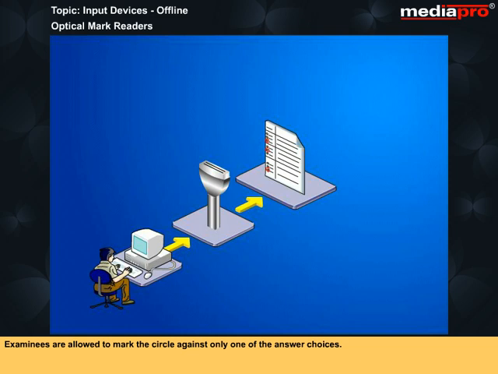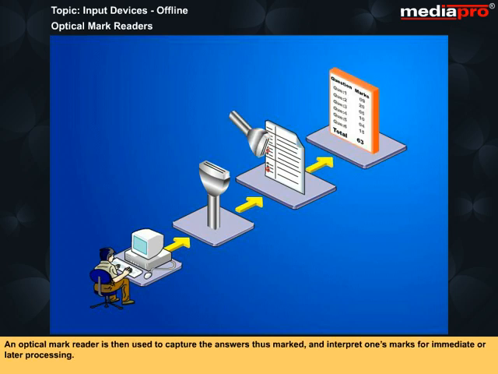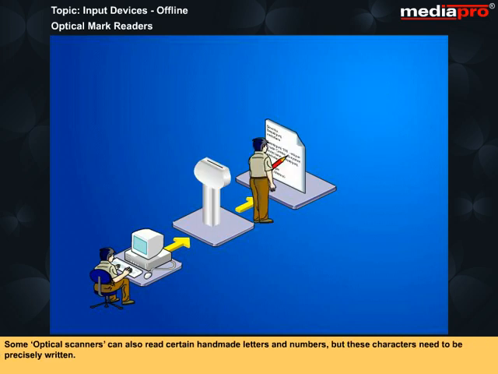Examinees are allowed to mark the circle against any one of the answer choices. An optical mark reader is then used to capture the answers thus marked and interpret one's marks for immediate or later processing. Some optical scanners can also read certain handmade letters and numbers, but these characters need to be precisely written.